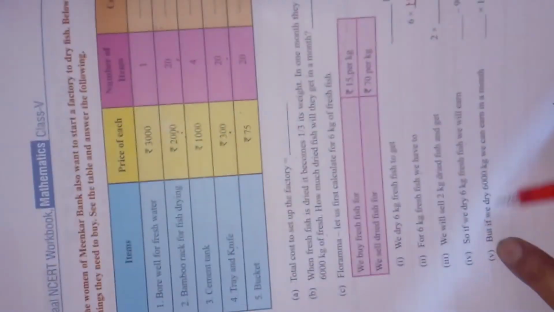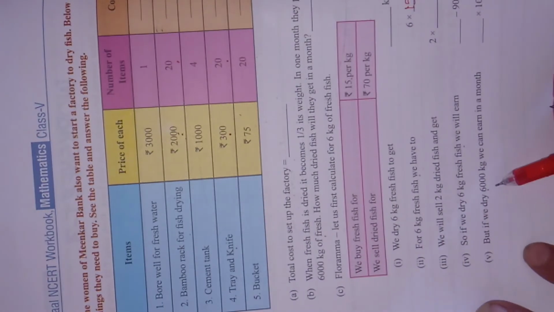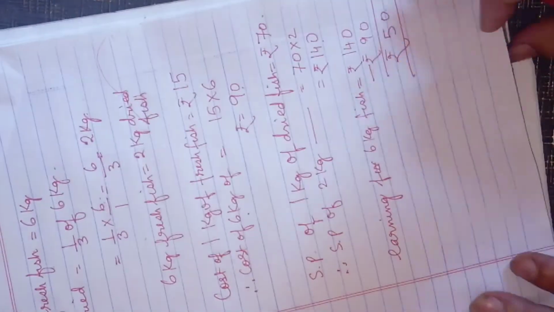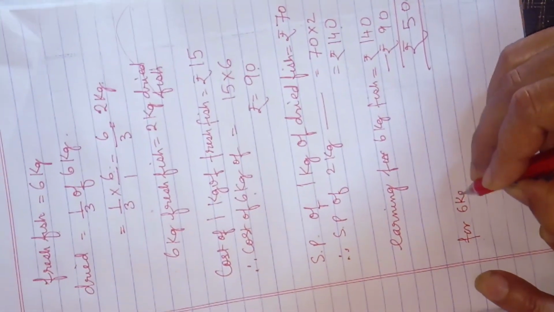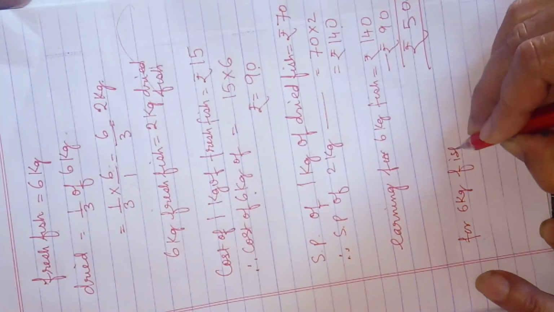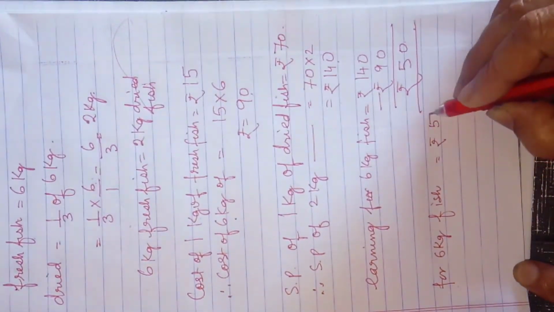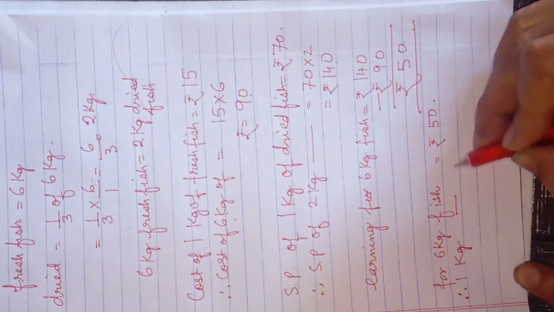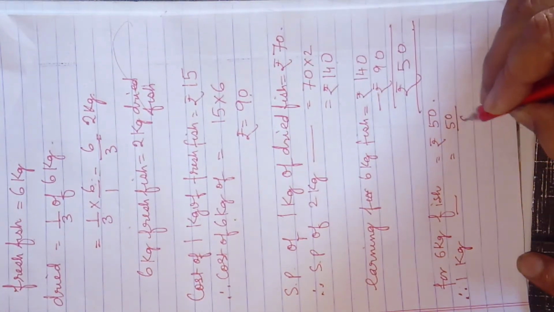Now what you have to calculate, if you dry 6 kg of fish, then how much you will earn? So for that, for 6 kg fish, we earn rupees 50. So for 1 kg, what we will get? Less money. Less means divide, 50 divided by 6.